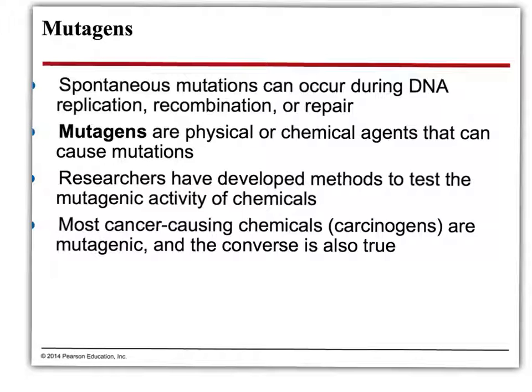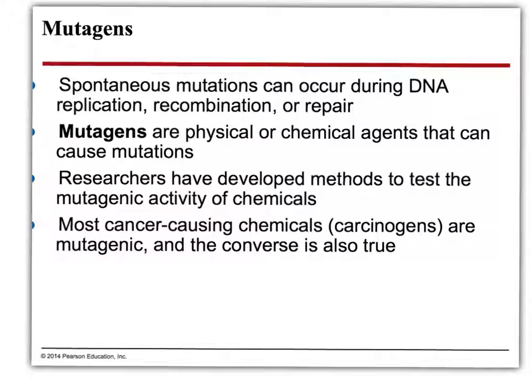Whether it be the air we breathe, the coffee we drink, the water we drink, whatever it might be, we are constantly being exposed to mutagens. They're always there, and mutations can occur spontaneously during DNA replication, recombination, repair, you name it. But a mutagen is anything that can cause a mutation in DNA.